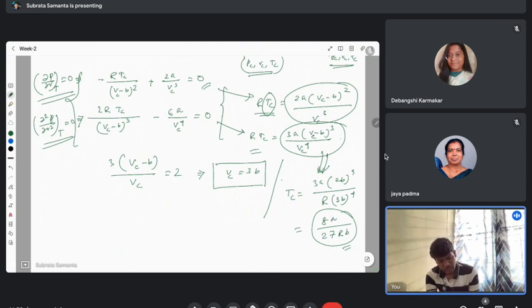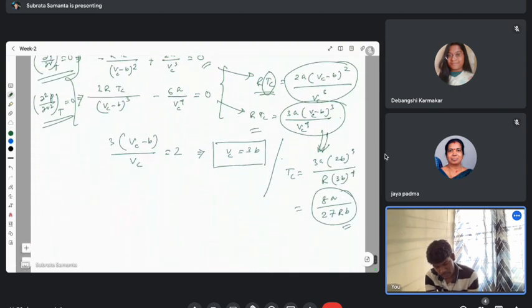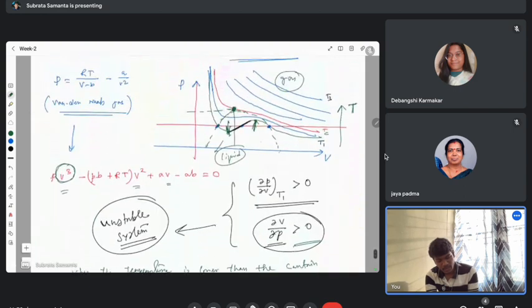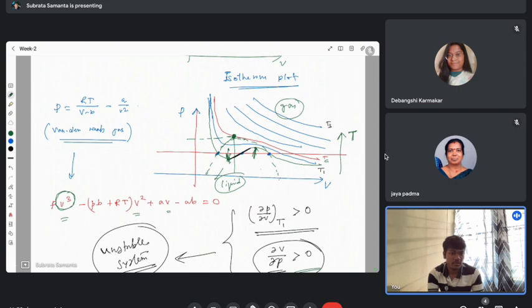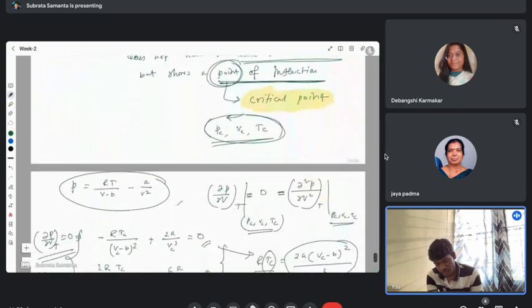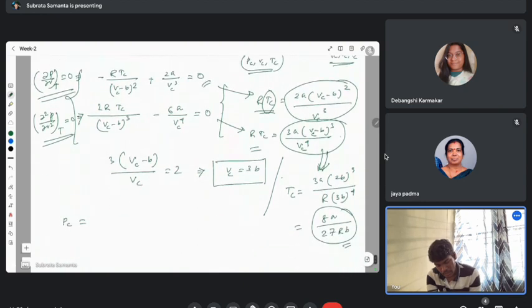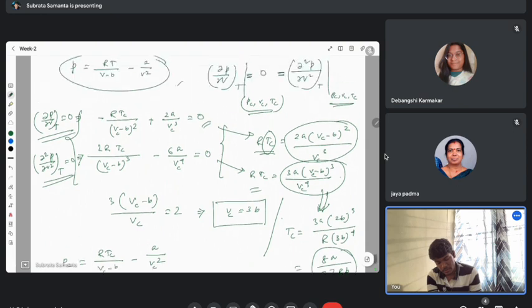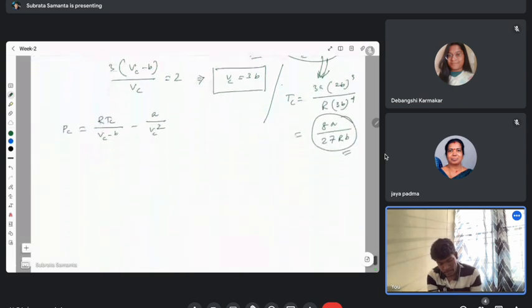Now how to get PC? I just put it into the equation of state. The equation of state is valid throughout the whole region, right? At any point in this PVT plane, the equation of state must be valid, because we are plotting the equation of state. So PC is RTC by VC minus B minus A by VC square, right? Once you put in this TC value and VC value, we get RTC is 8A by 27 RB times VC minus B, 3B minus B, minus A by 9B square.